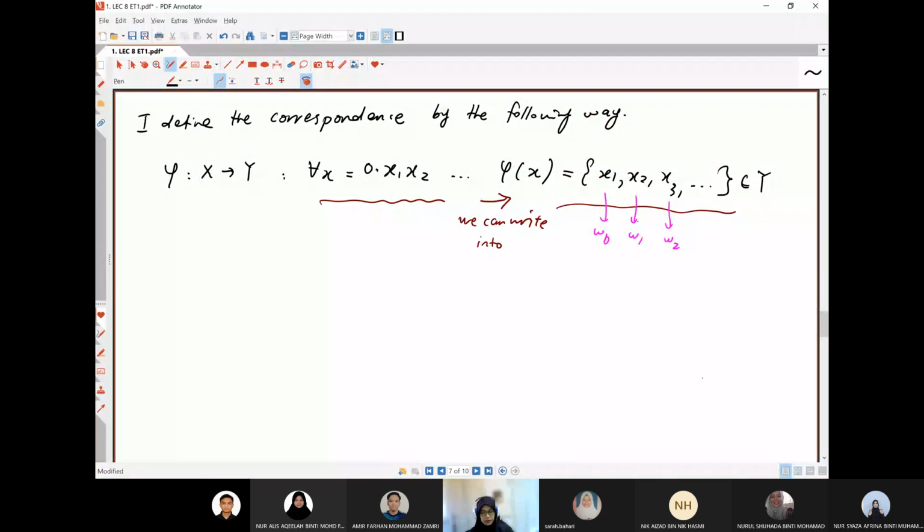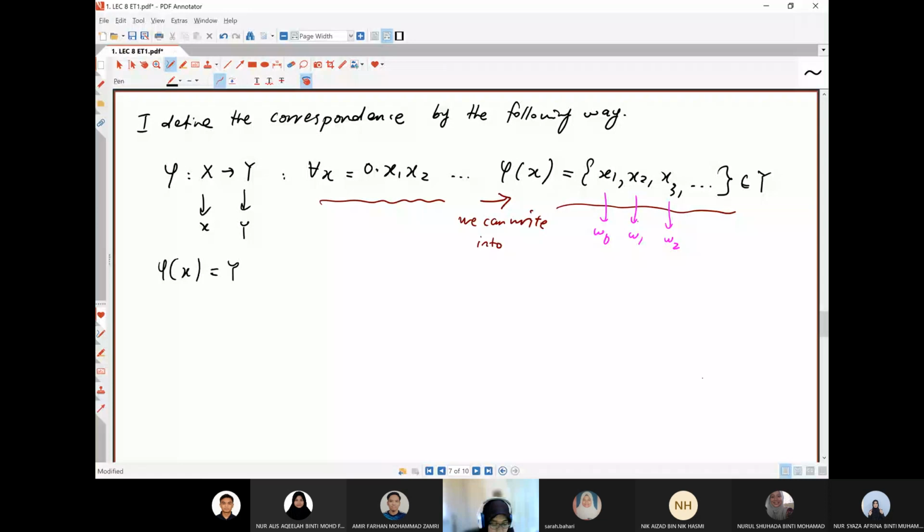Okay, so this phi is a map from x, so we can write phi(x) equals some y, where this y is equal to this. If we take x from the dyadic fraction, I can write x as 0.x1, x2, x3, and so on.